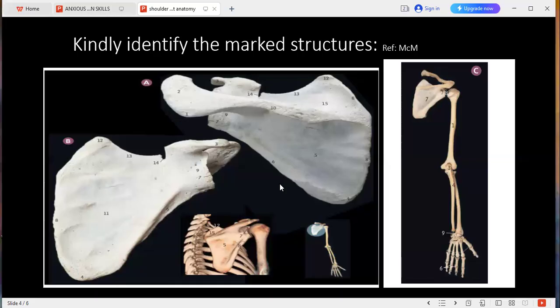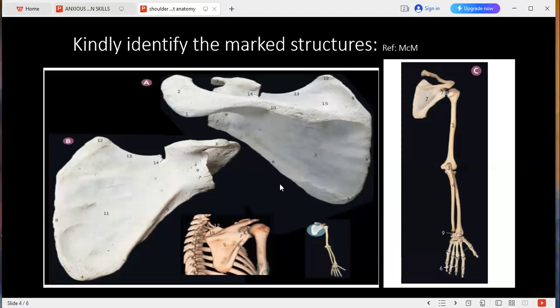It is bounded laterally by the humerus, medially by the long head of triceps, superiorly by the teres minor and inferiorly by the teres major. The contents of the quadrangular space are the axillary nerve and posterior circumflex humeral artery.